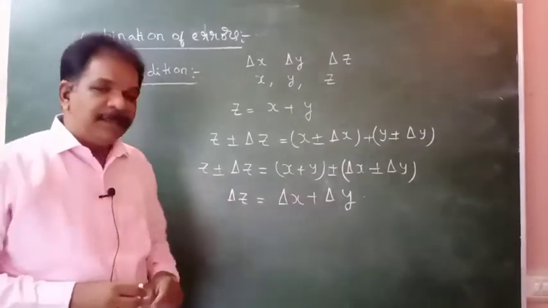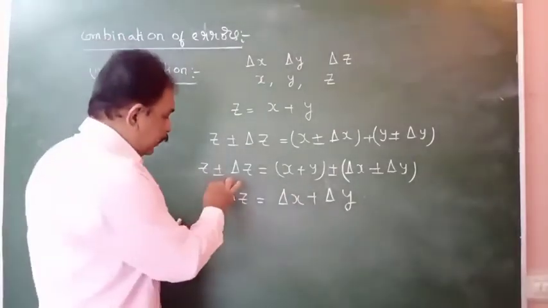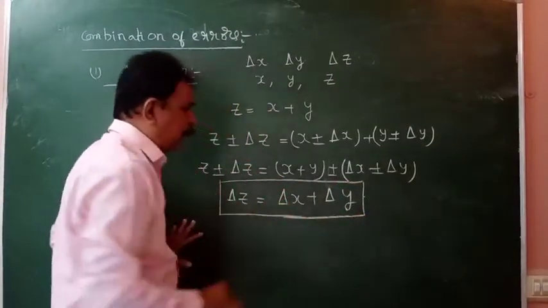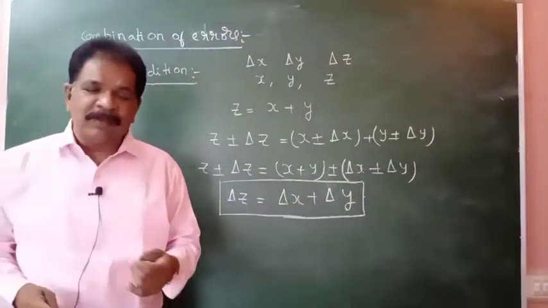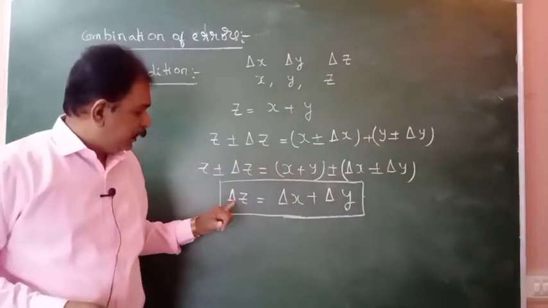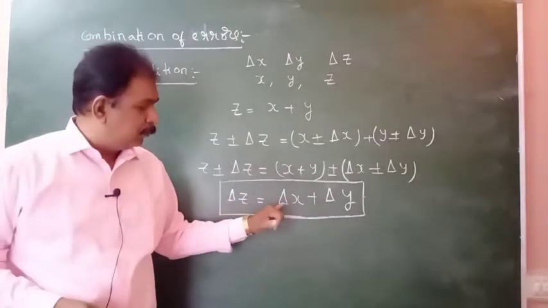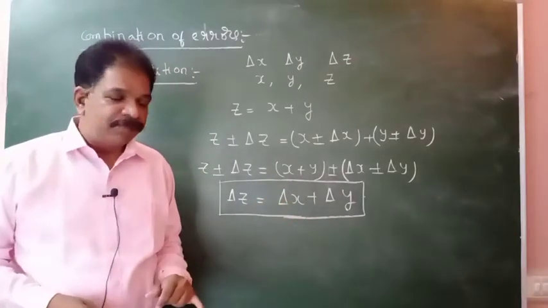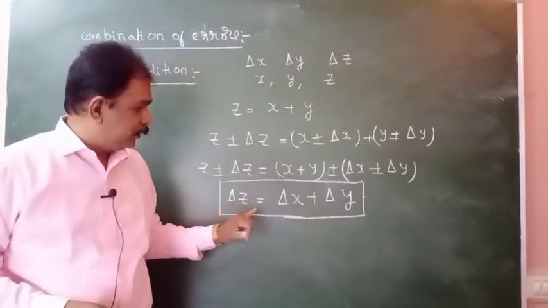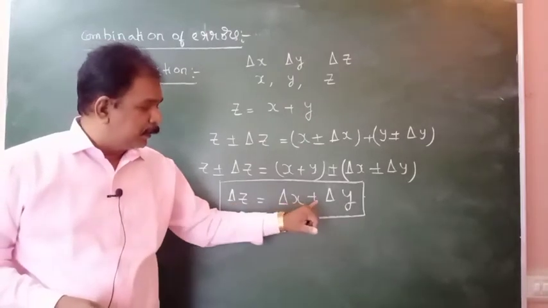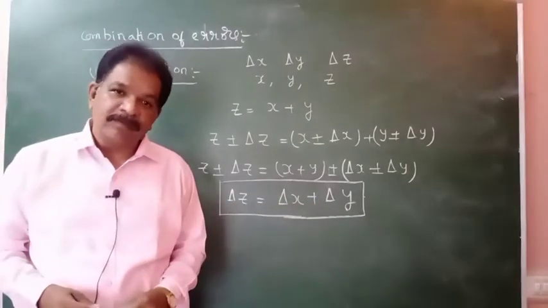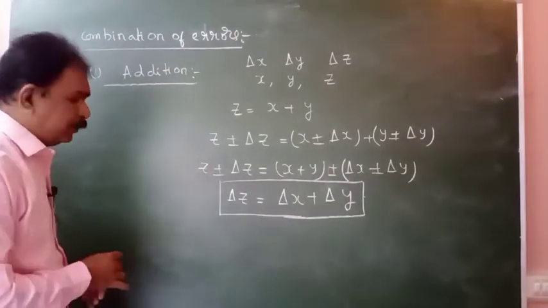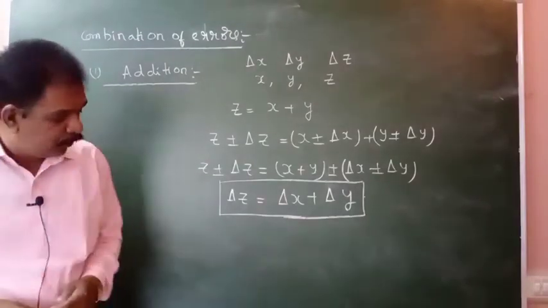So delta Z is equal to delta x plus delta y. If we do 2-3 problems on that, easily you can understand this concept. Delta Z is the maximum possible error in the measurement of Z. Delta Z is equal to delta x plus delta y. Clear? Understanding?